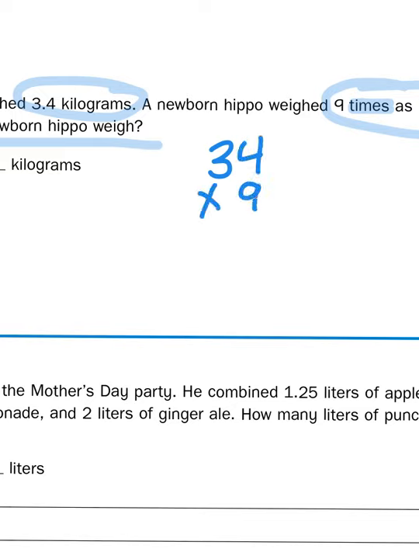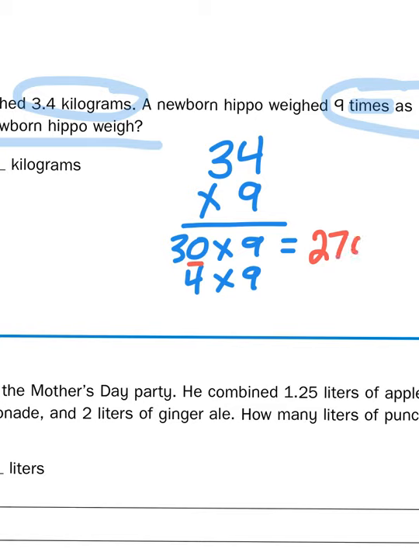34 times 9. So if I use the partial products approach, I would multiply 30 times 9, and then 4 times 9. Well, 3 times 9 is 27, so 3 with a 0 behind it times 9 is going to give me 27 with a 0 behind it, or 270.